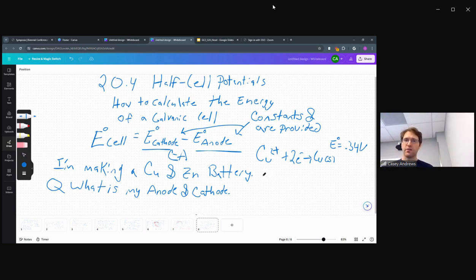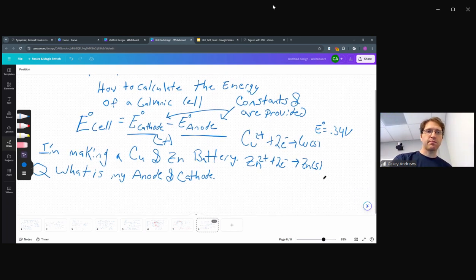And for zinc, if zinc is reduced, so zinc 2 plus is made into zinc solid, the energy of this is negative 0.76 volts.